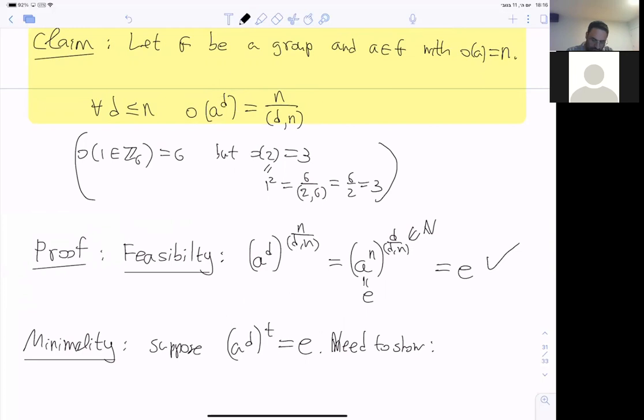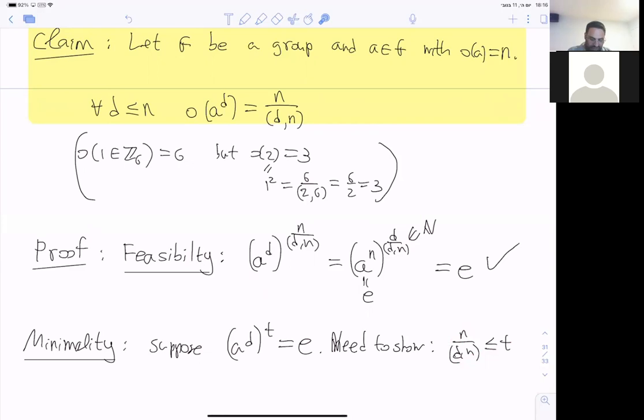So we want to show that n over GCD is less than or equal to t. And then we can deduce that this is the minimal power. I mean, any t that will get you to e will be greater or equal.